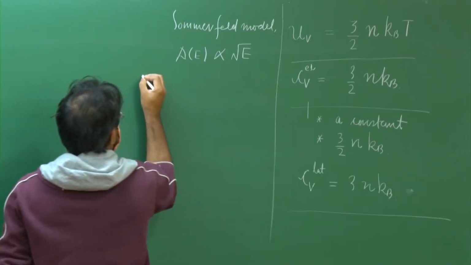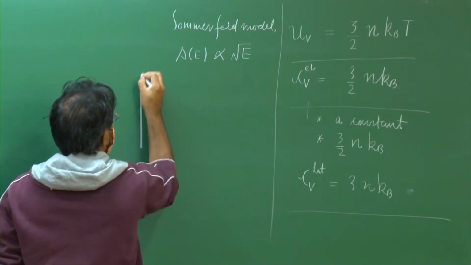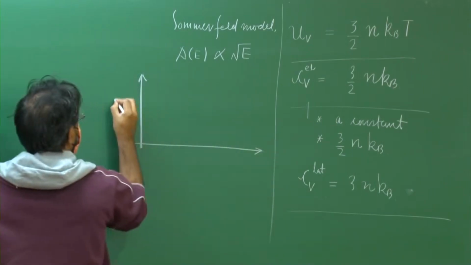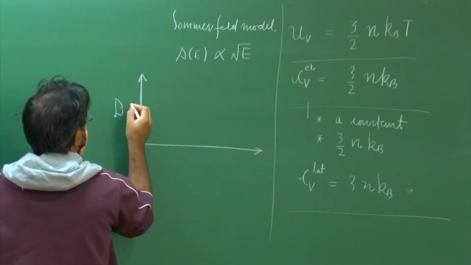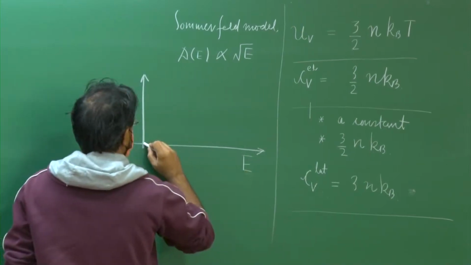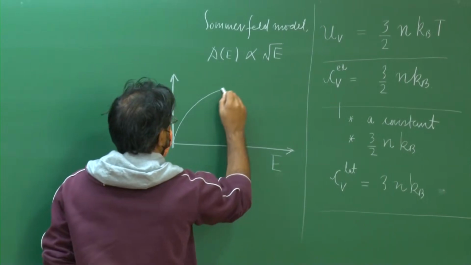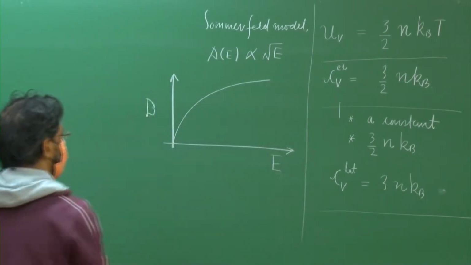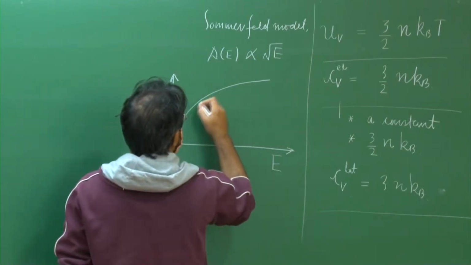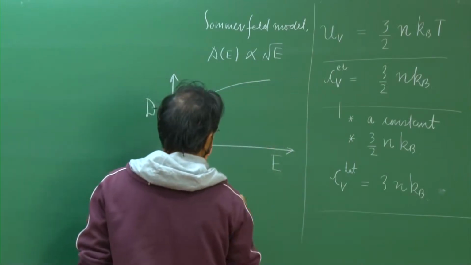So if you plot this function D(E), with D on the y-axis and energy on the x-axis, it looks like this. So that is the density of states, how the states are varying.